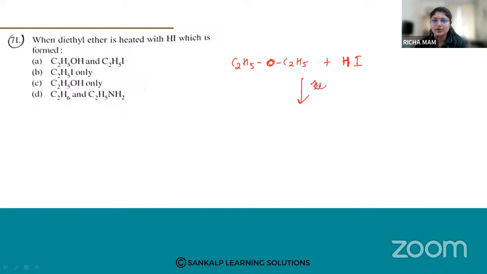You have to heat it. You can write like this also. What will you get? Just see. One product will be C2H5OH plus C2H5I.